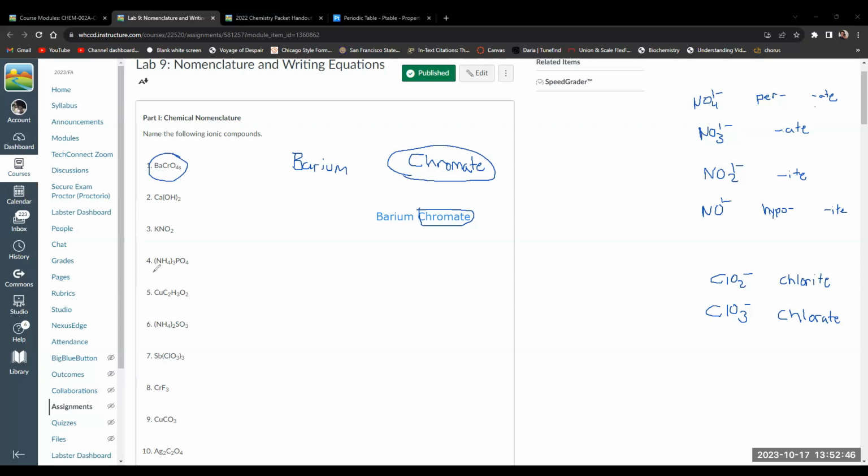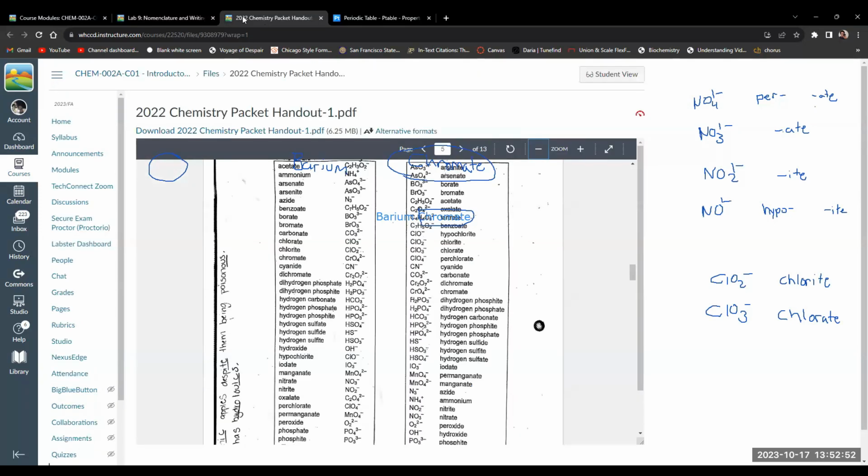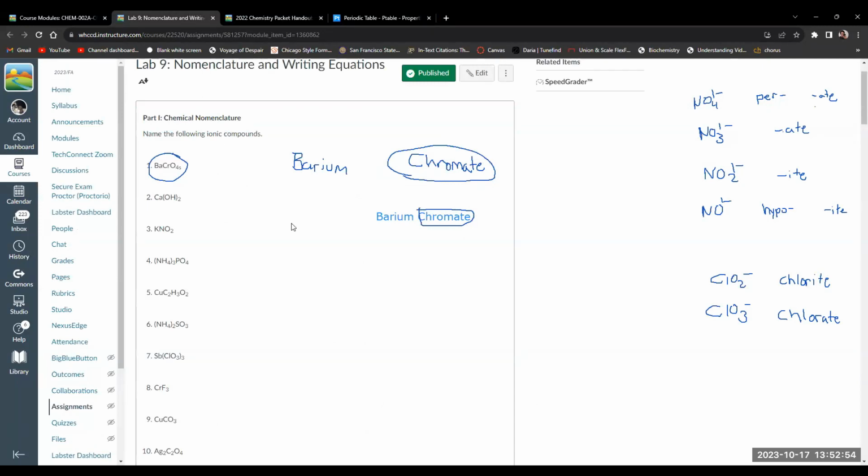However, one thing to understand is that polyatomics can be mixed with transitional metals.